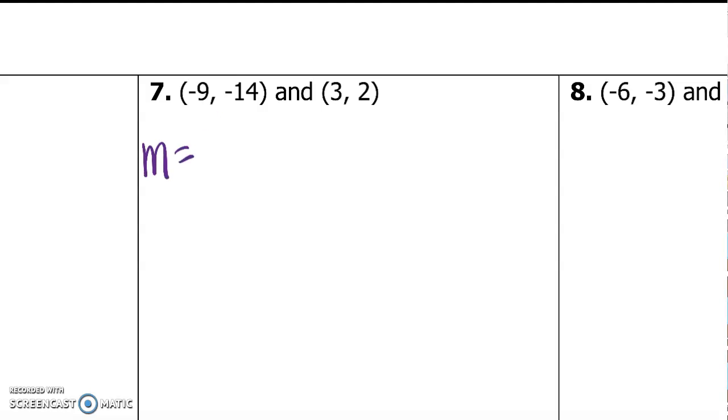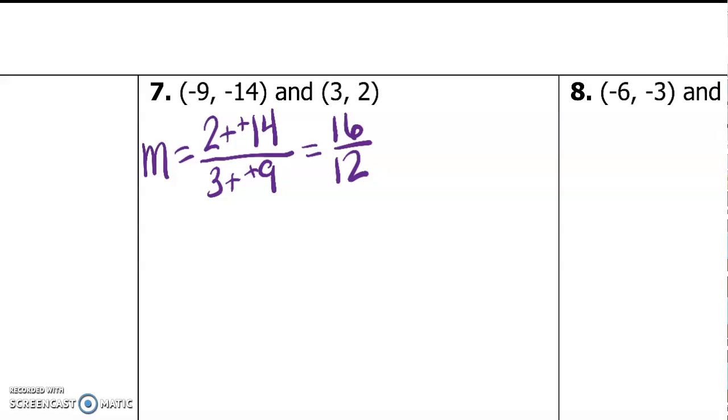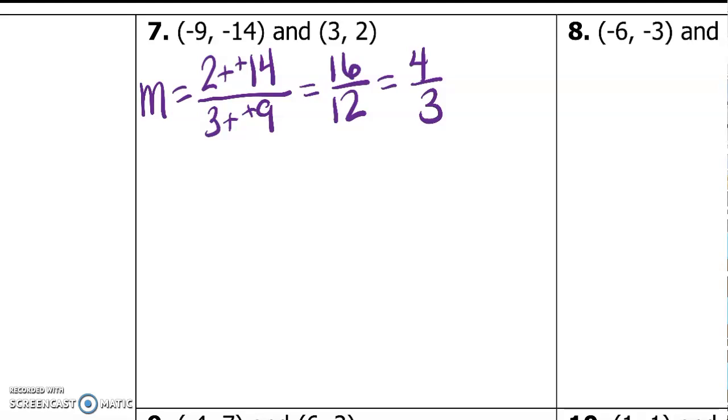For 7, 2 minus -14 over 3 minus -9. So that gives us 16 over 12, which simplifies to 4/3. Okay, remember we always need to simplify our fractions. I would use 3, 2. They're both positive and they're both smaller.